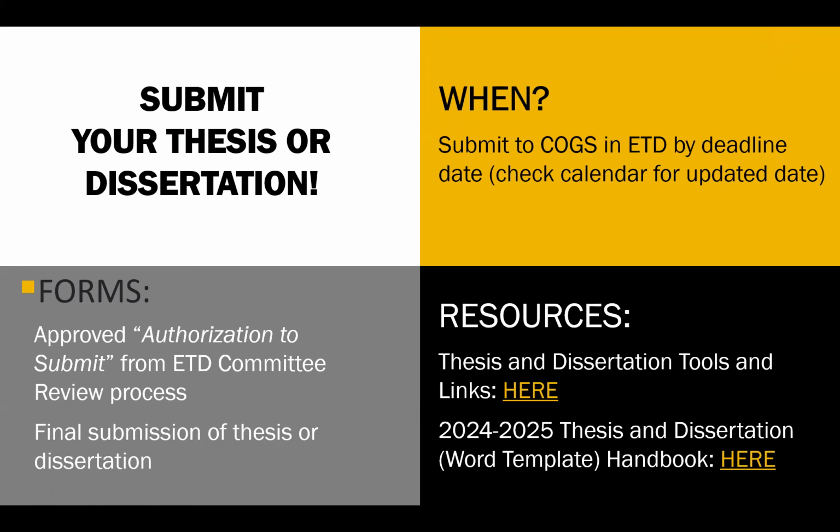So again, if you have done everything else and you're just still trying to tighten things up and get that final approval from your committee, to the point where they can approve that authorization to submit, that is the final form. And if you have not quite been able to do that and the deadline has passed, that is the ideal time to register for Grad 720. Finish that up in the next semester, and then you're golden.